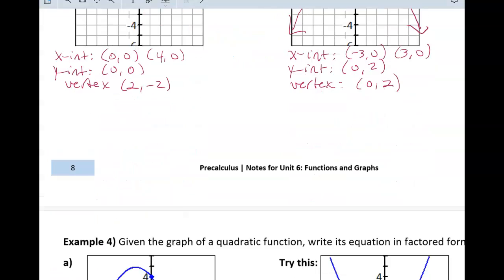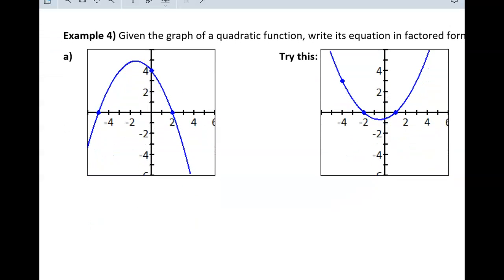We're going to do a little bit of the same thing, but backwards. So now we have a graph. We have these two x-intercepts. Our first x-intercept is -5, 0. And remember, that's the same as r1, 0 in the equation.